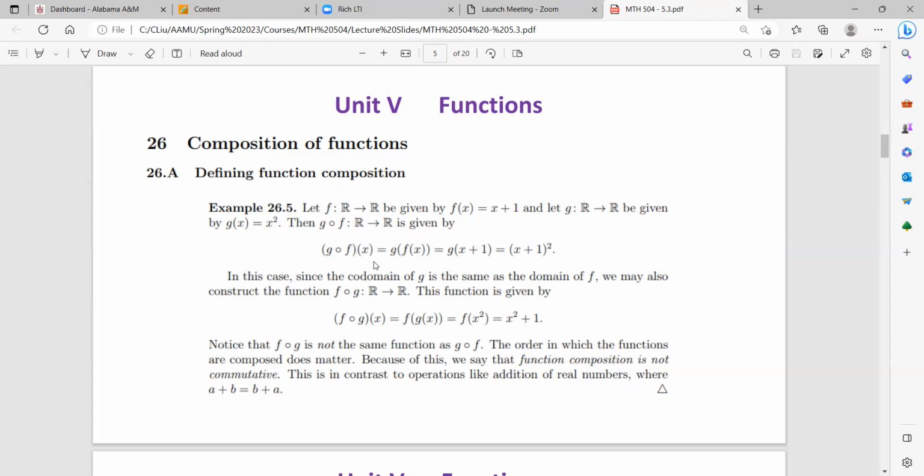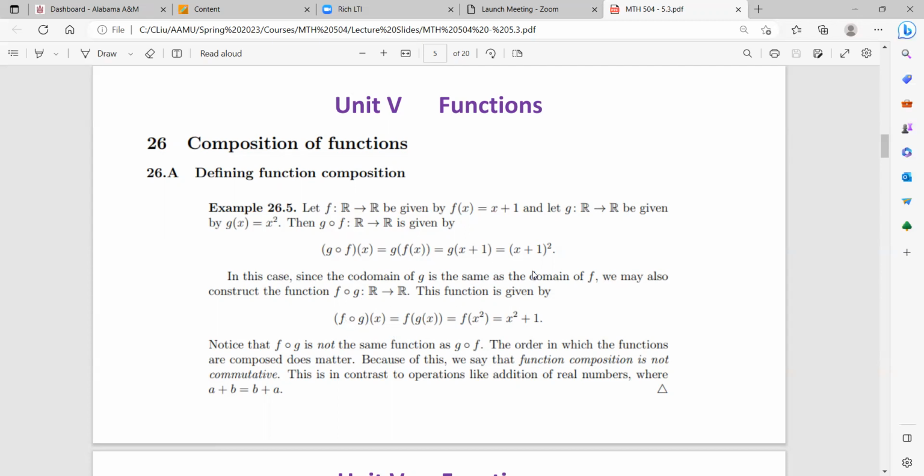So that's G compose F, and if we do F compose G, then that's just F of g(x) by definition, or F of x squared. Okay, g(x) is x squared. So you just replace x in the definition of f by x squared, so you get x squared plus 1.